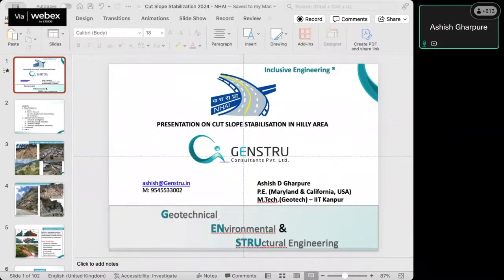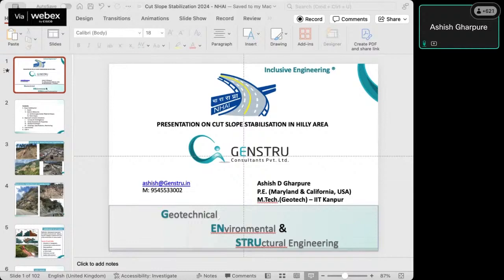Right. So, as member has correctly pointed out, it's a very wide subject. We are trying to focus it on a limited cut slope stabilization part of it, and we'll go through the details of it in a step-by-step manner. So basically, slope stabilization, what kind of issues we are facing, mostly from highway perspective.